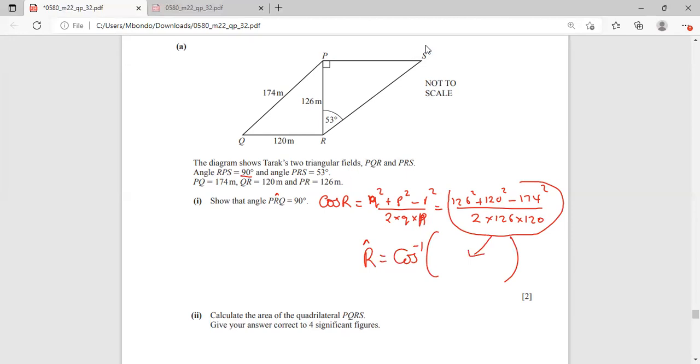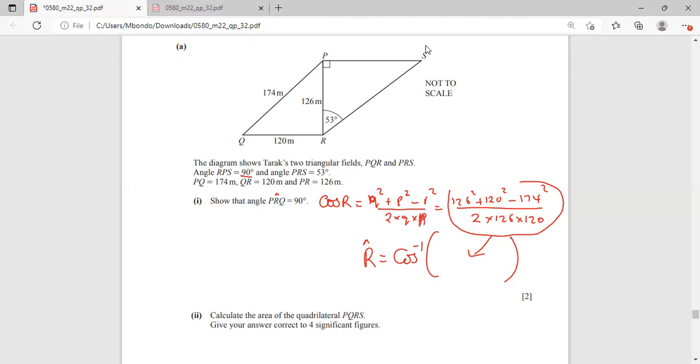Let us try to do that and see if we're going to get the same answer. Let's try to do it and see what we are going to get.